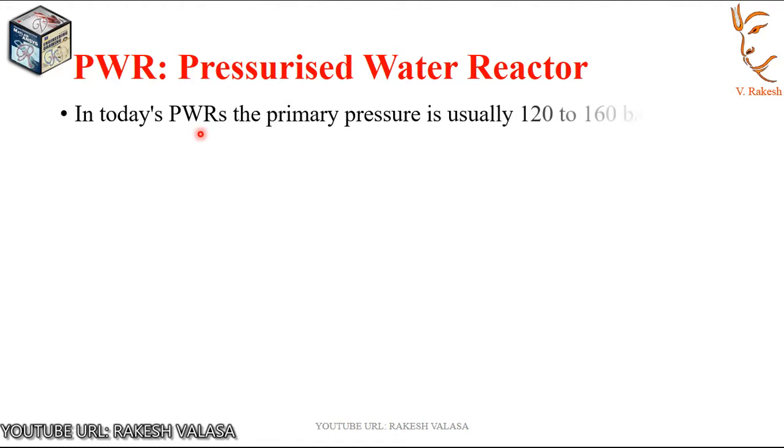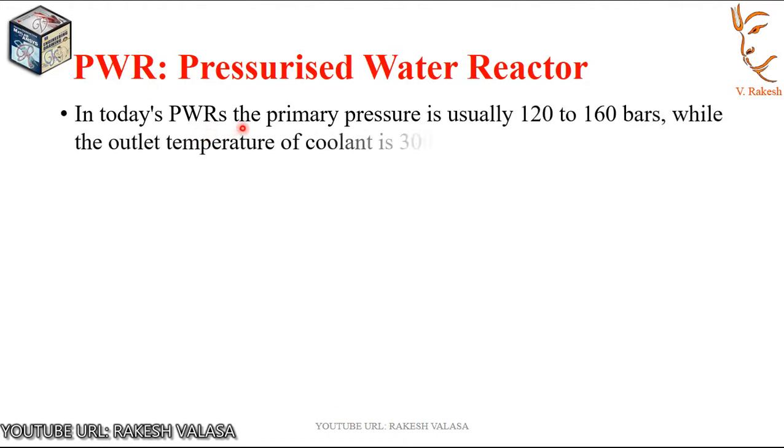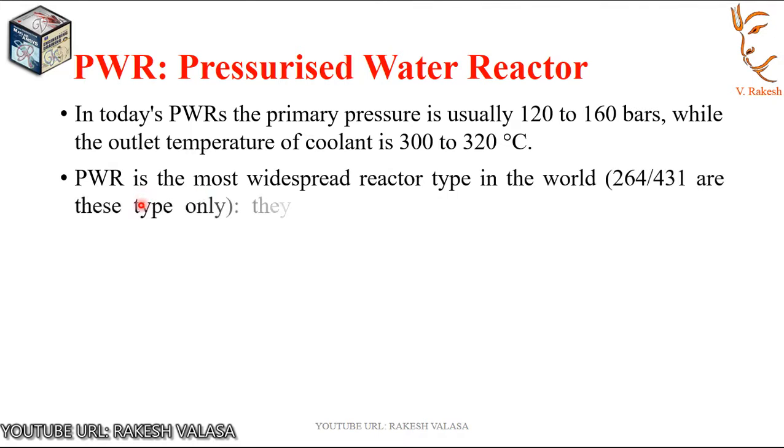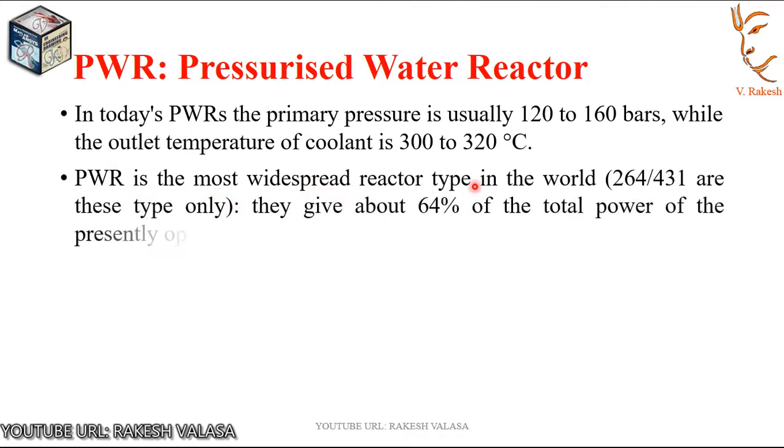In today's pressurized water reactors, the primary pressure is usually 120 to 160 bars, while the outlet temperature of coolant is 300 to 320 degrees centigrade. Pressurized water reactor is the most widespread reactor type in the world. Out of 431 reactors, 264 reactors are pressurized water reactor type.